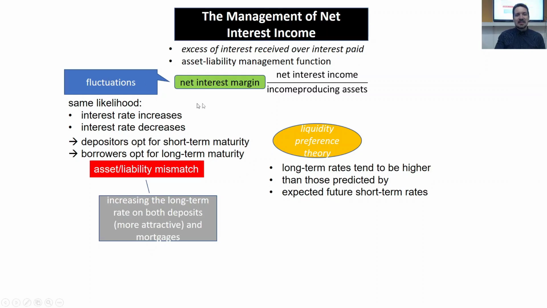So, net interest margin. In this case, we can calculate the net interest margin by relating net interest income to income-producing assets. So how efficient we are when we are taking the assets, how are we able to generate revenues. And obviously their fluctuation can be a problem. So what happens? I can say that there is an asymmetry, it's just really hard to capture.